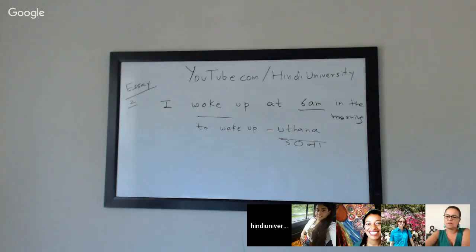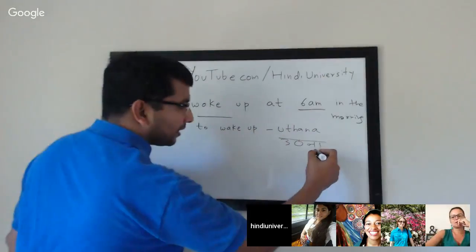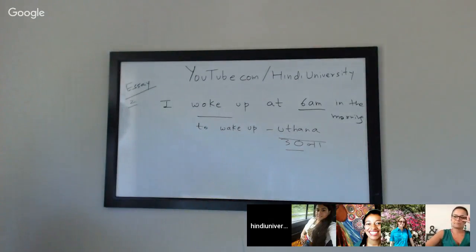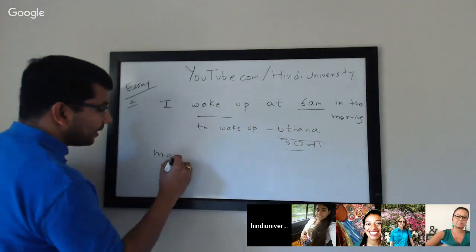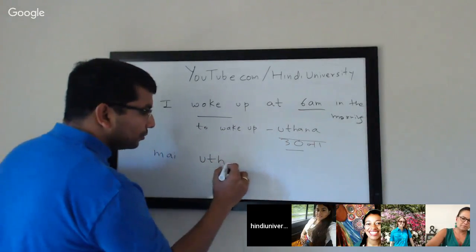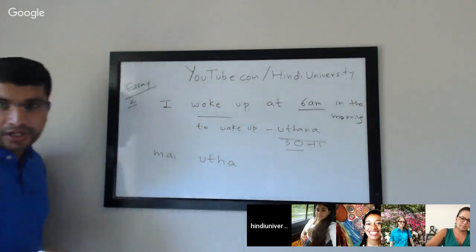So Jason, you have to really see what's the base part here. The root verb is, you'll remove na. So it's just ut, and there is no vowel here, right? Utha, tha is not a vowel. So in your case, you will simply say main. Very good. If it is simply I woke up, it will be main ut and then you just put "a" at the end. मैं उठा.